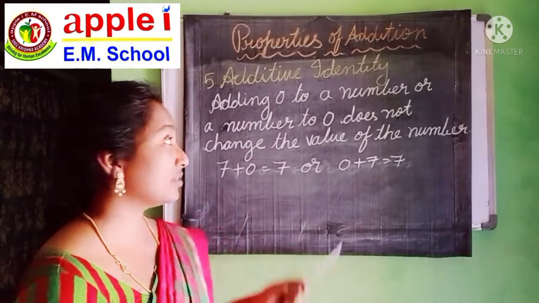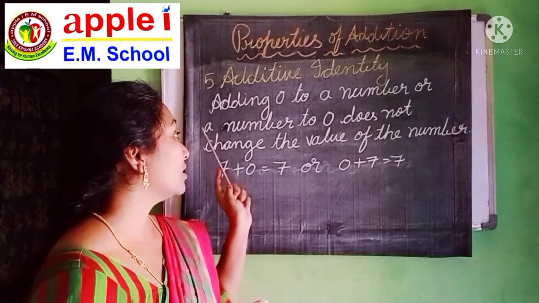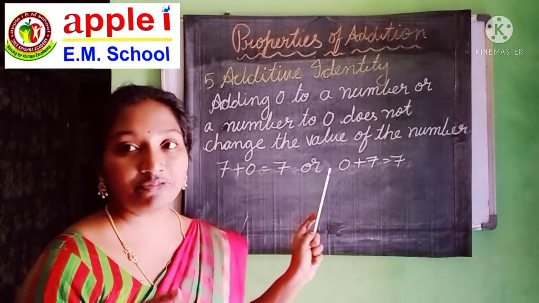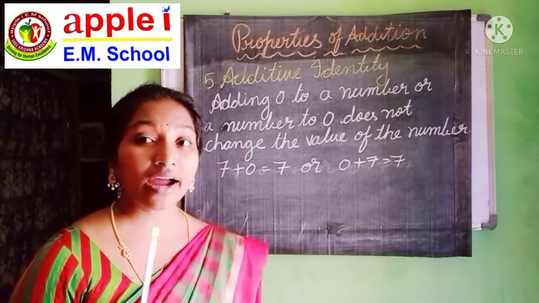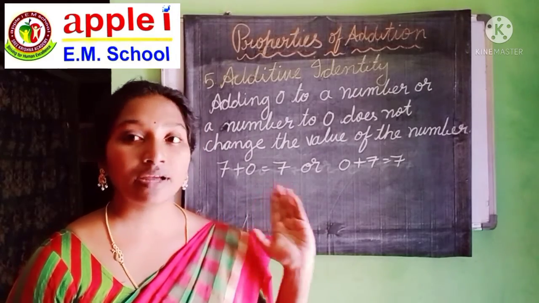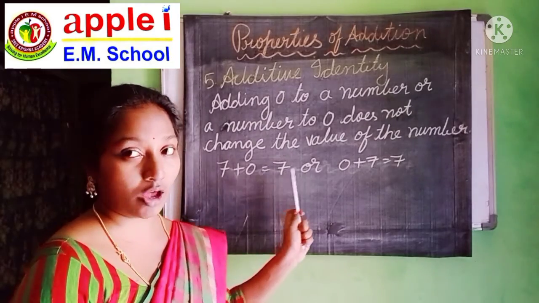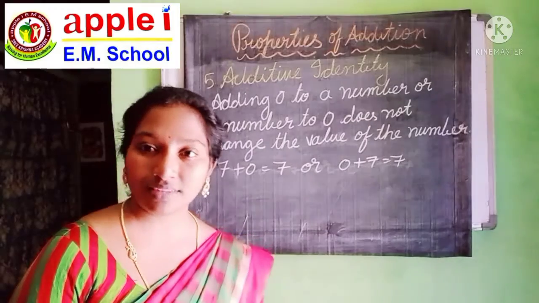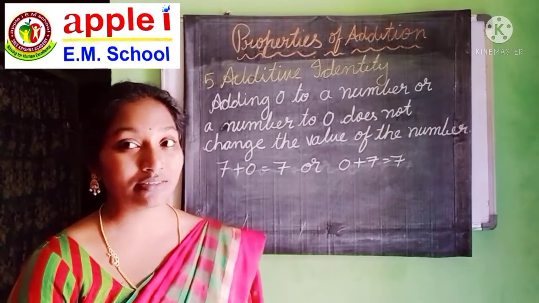If you add 0 to any number, you will get the same number. See, 7 plus 0 is 7, or 0 plus 7 is also 7. I hope you have understood these properties of addition.